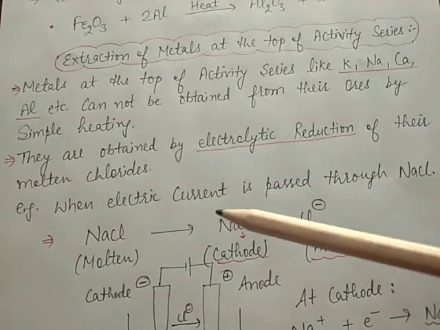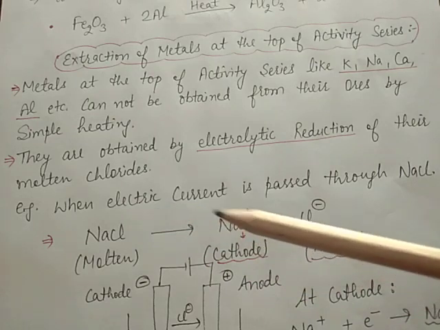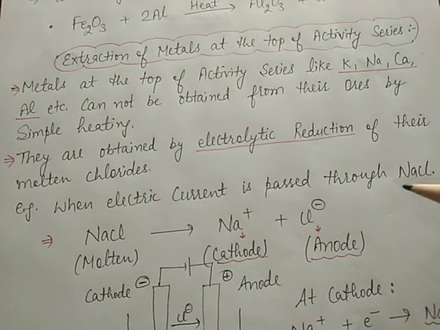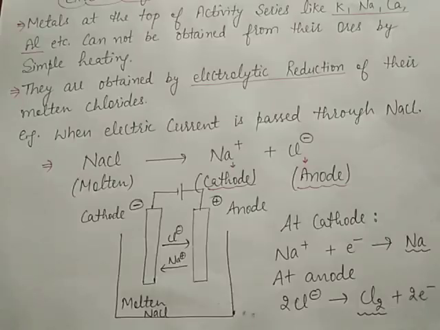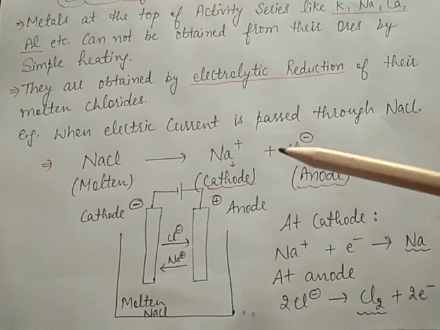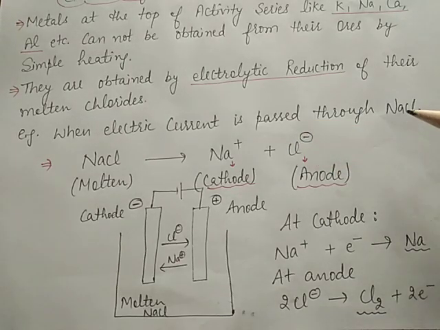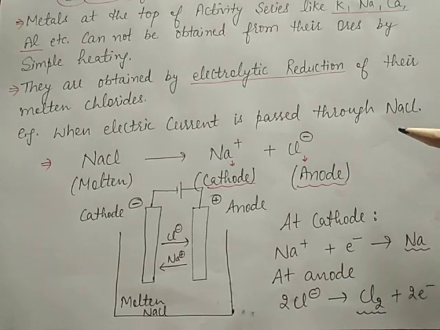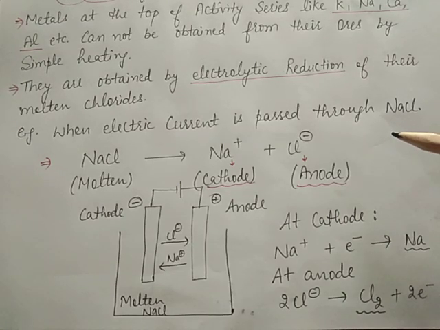Here we take one example. When the electric current is passed through NaCl, means sodium chloride, sodium is separated from the sodium chloride by the process of electrolysis.